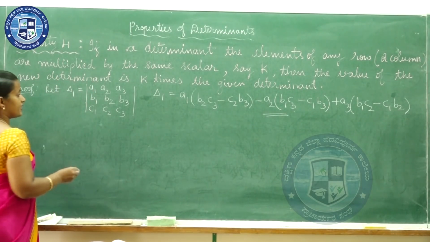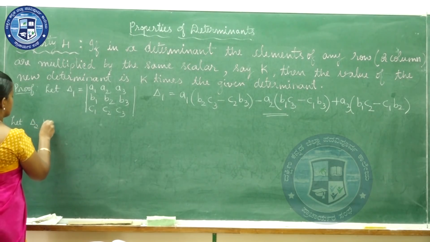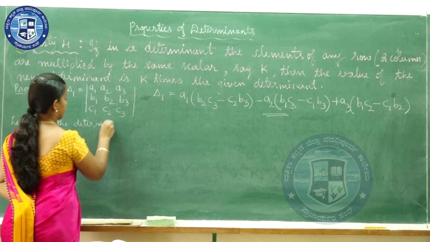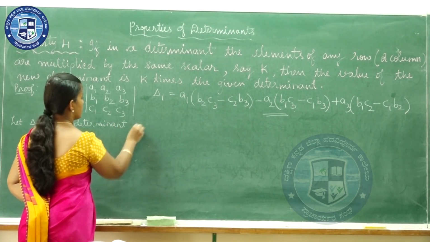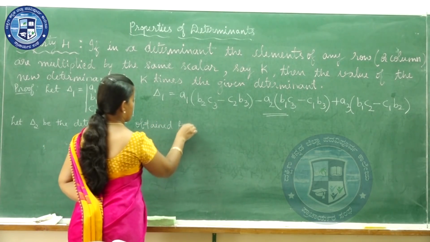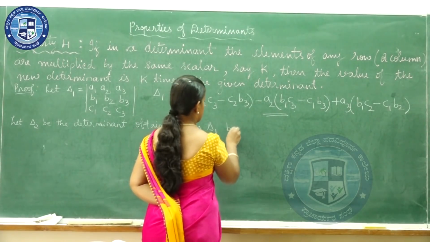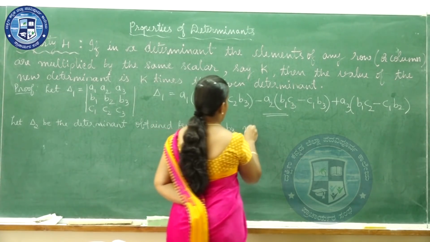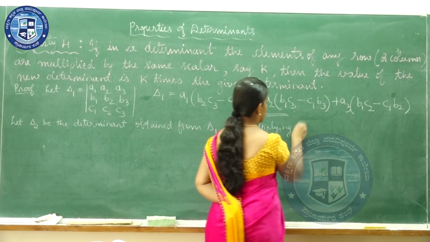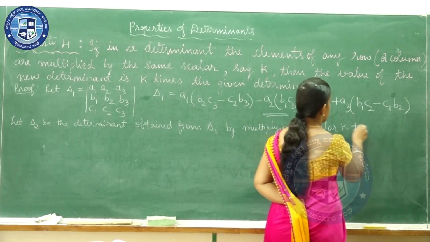Now, let delta 2 be the determinant obtained from delta 1 by multiplying the scalar k to the first row.